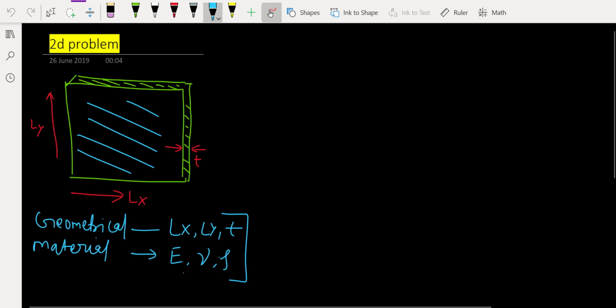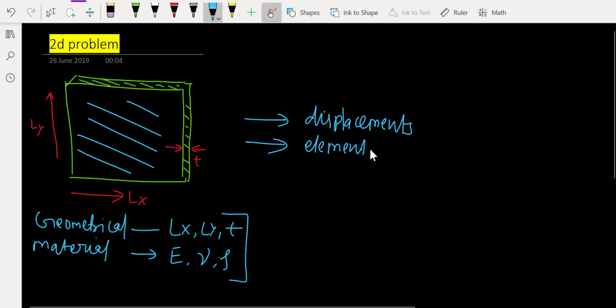From this information, the objective would be to find out the displacement, elemental stresses and principal stresses.